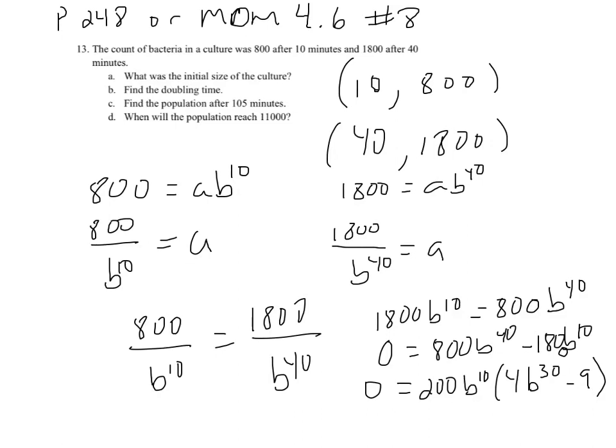So this factors to 0. That's right, because the only way this is equal to 0 is if B equals 0.